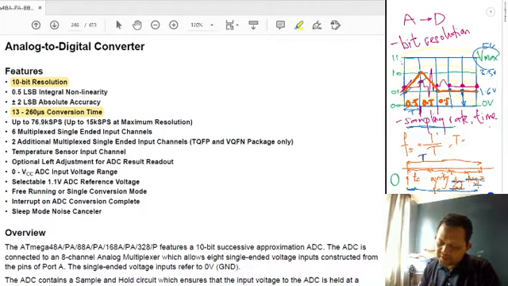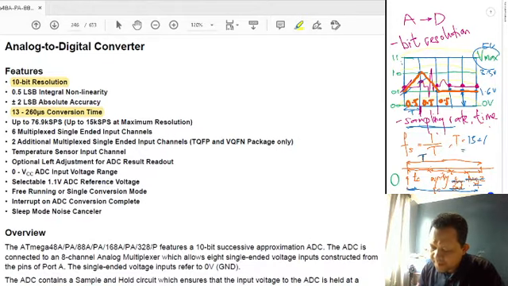So your T will be, let's see the fastest rate of conversion time. The fastest rate stated here is 13 microseconds, and the slowest is 260 microseconds. So let's say the fastest would be 13 microseconds plus 1 microsecond to write to the memory SRAM.